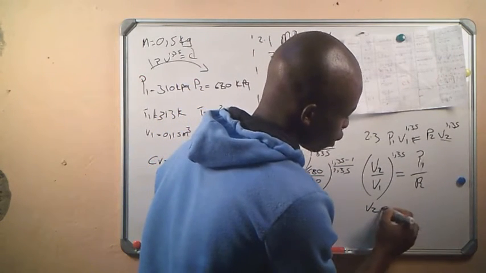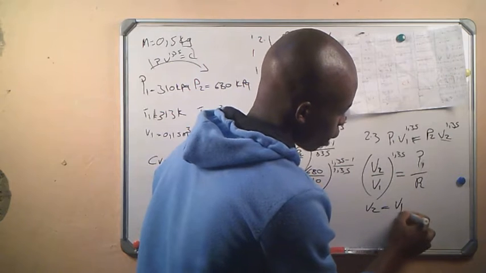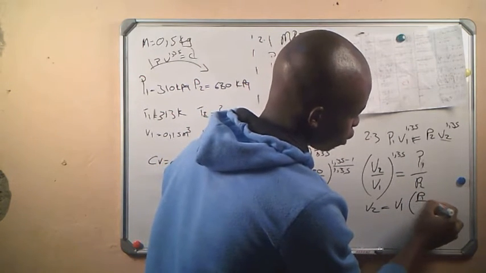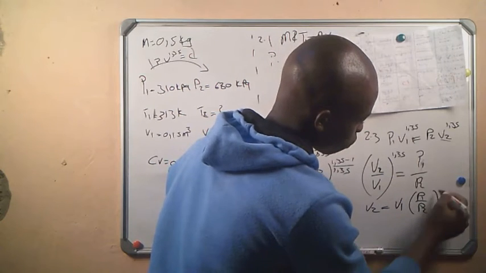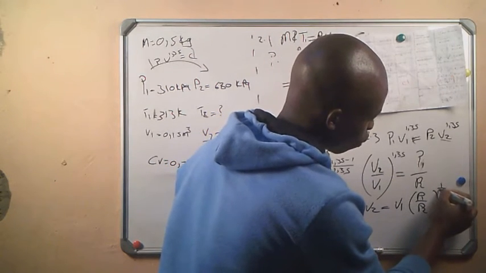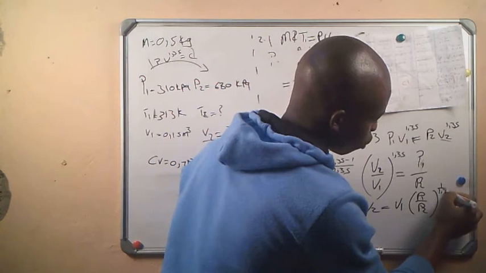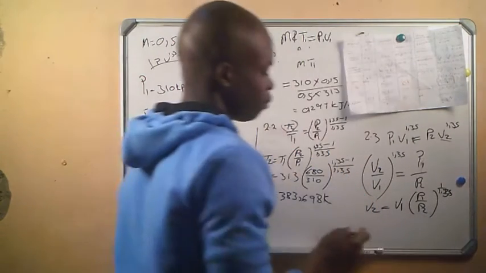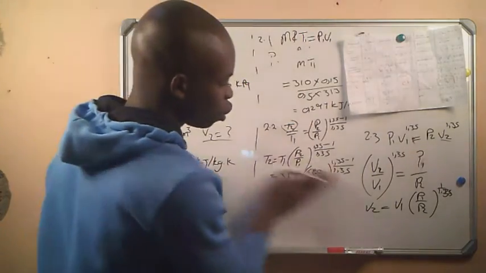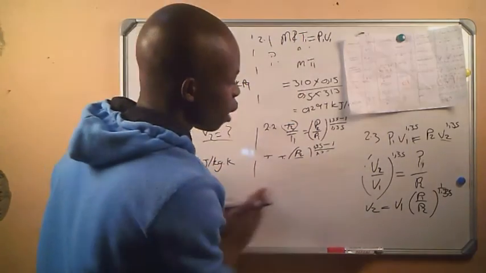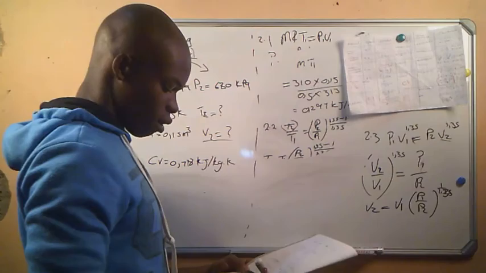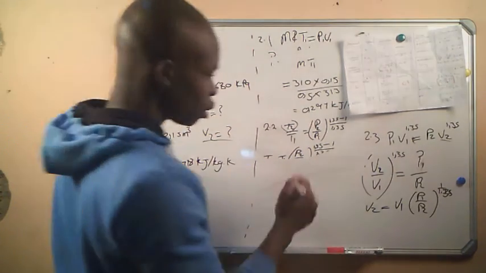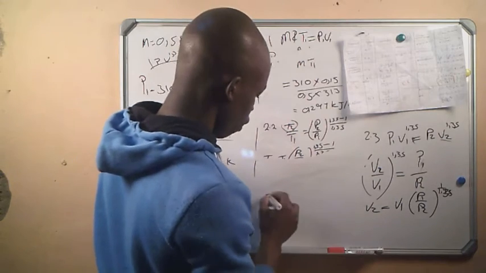V2 will be equal to V1 times P1 divided by P2 exponent 1 divided by 1.35. Now we can substitute into our formula and get the value of V2. So this is our formula.